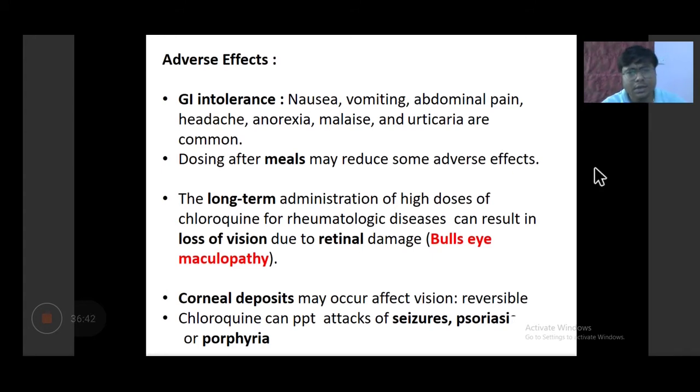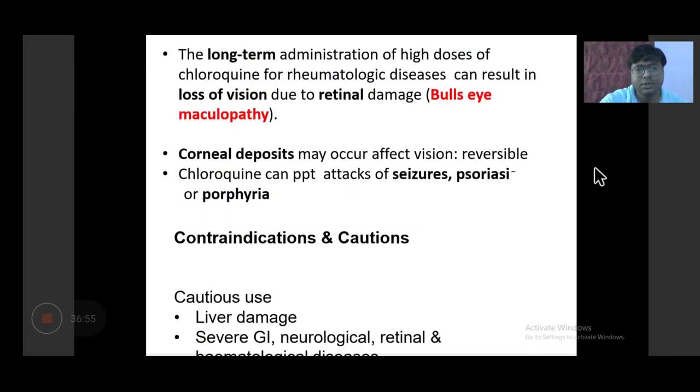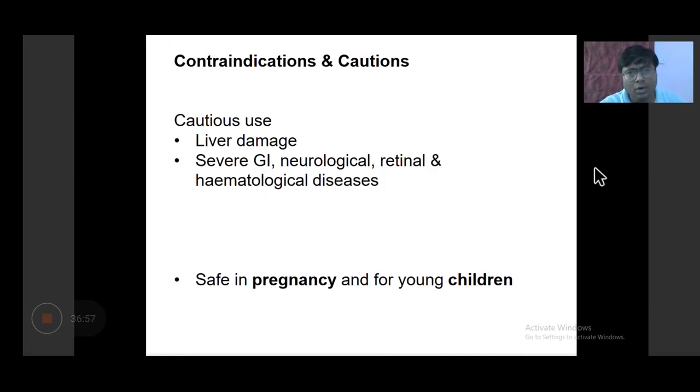Apart from that, there are some reversible side effects, like corneal deposits may be seen. And very rarely, but yes, chloroquine can precipitate attacks of seizure, psoriasis, and porphyria, which is important to know. Contraindications and cautions are in liver damage, because it is metabolized in the liver, so it will lead to toxicity.